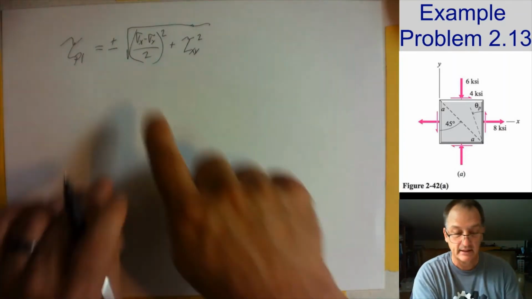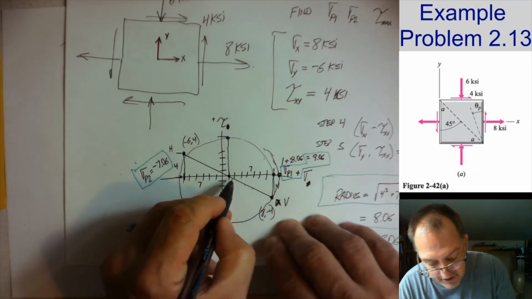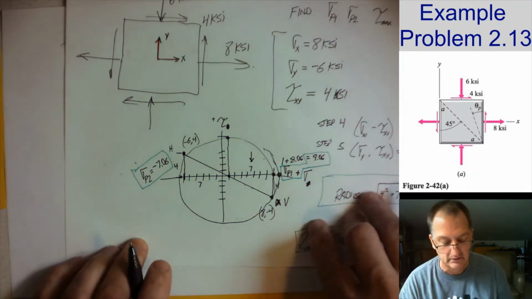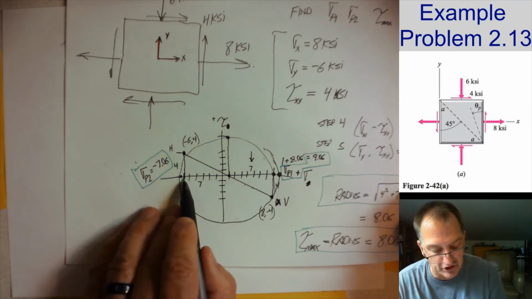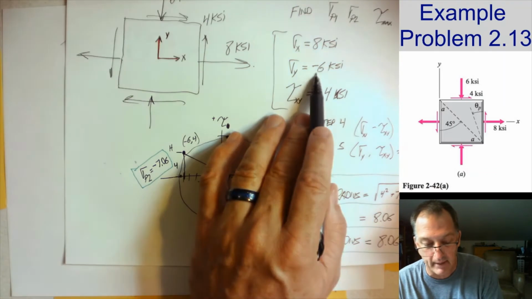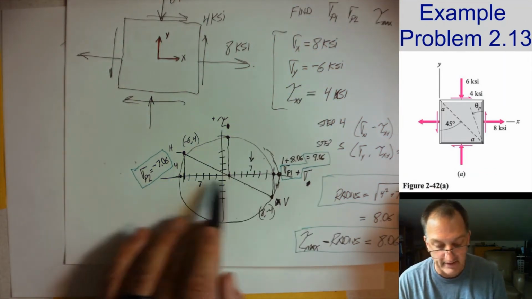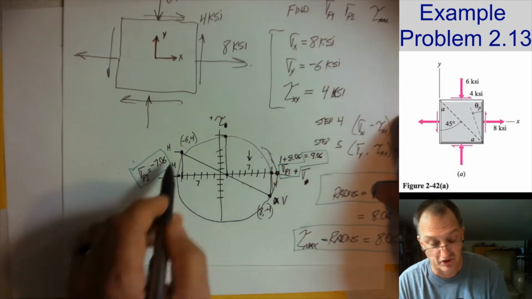Now, let's look at that. This distance from here out to here, where I got this 7, is really the difference between these 2 points, which was the 8 minus the negative 6, and then I divide that by 2. That's how I got to the 7 in one sense. That's just graphical.